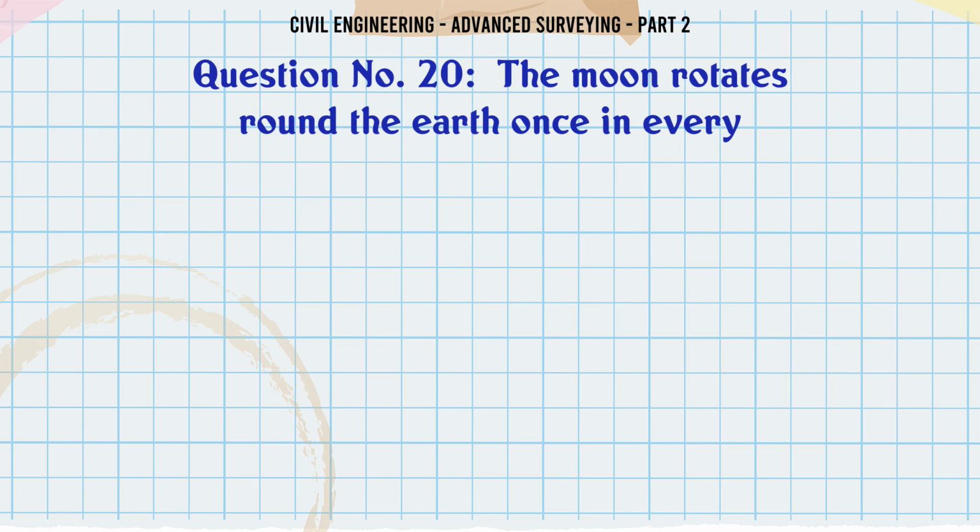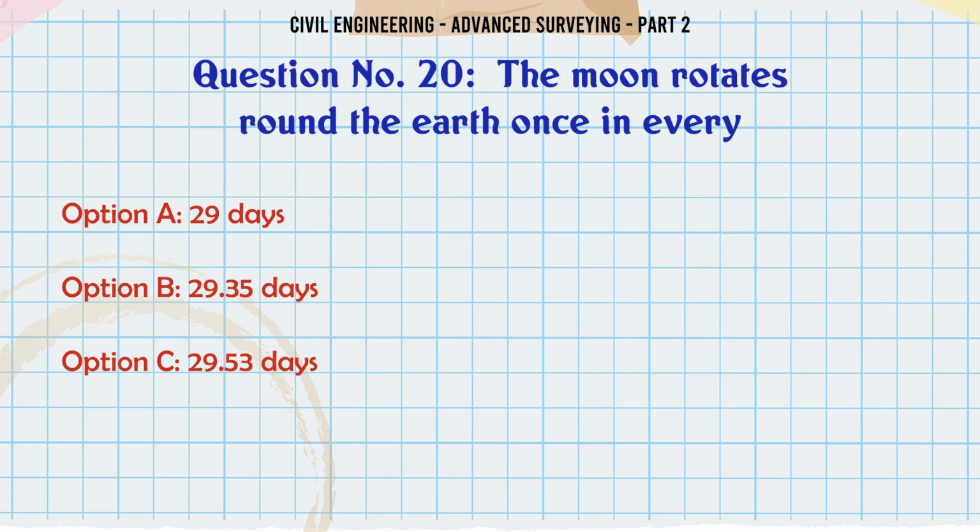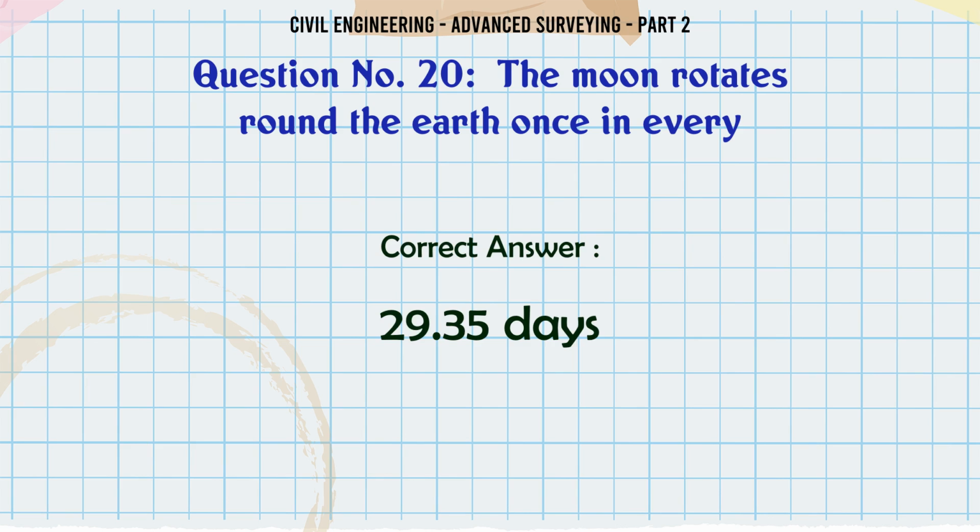The moon rotates round the earth once in every: A. 29 days, B. 29.35 days, C. 29.53 days, D. 30 days. The correct answer is 29.53 days.